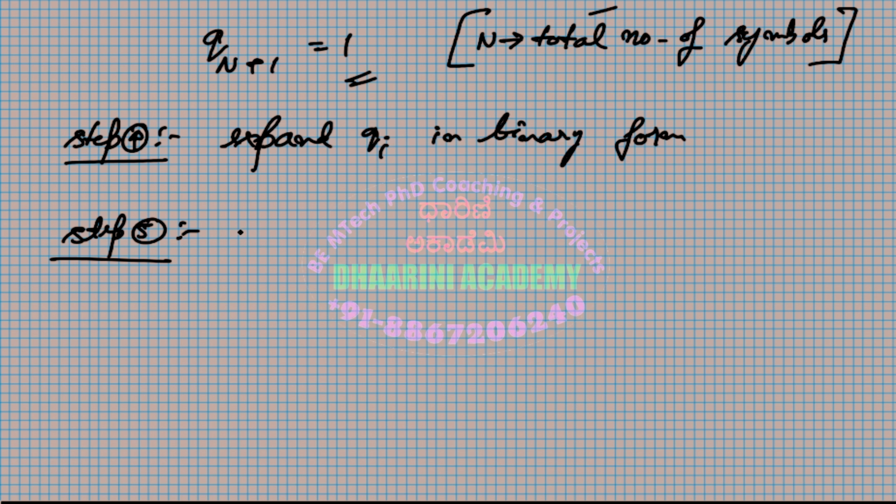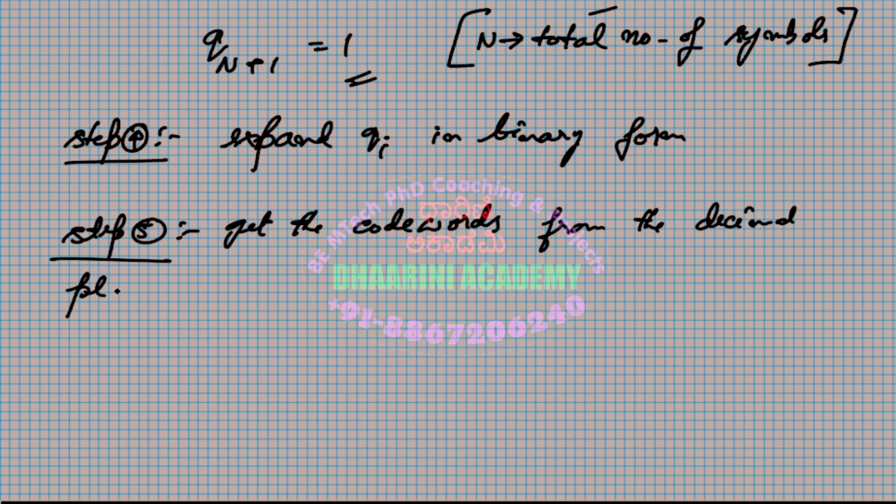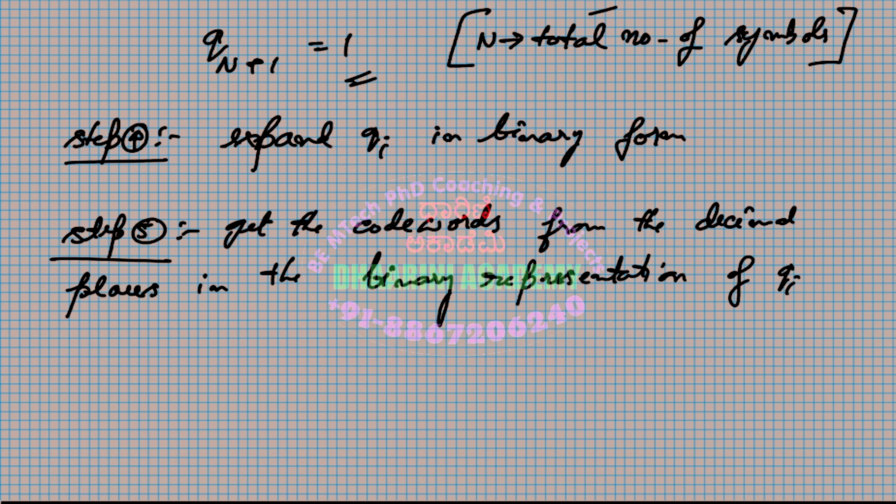So get the code words from the decimal places in the binary representation of every Qi.